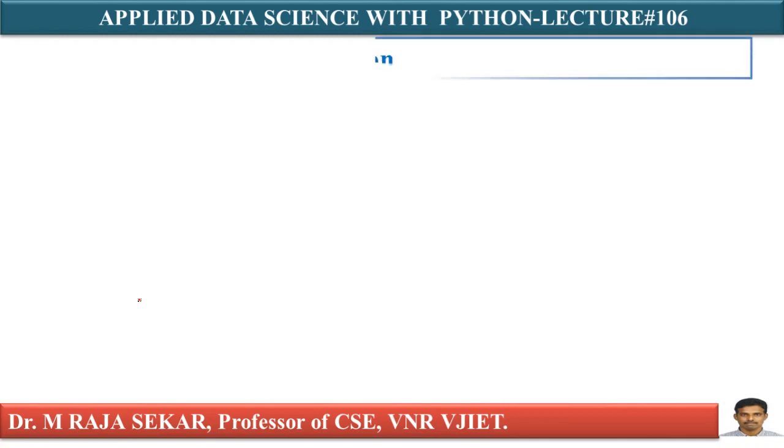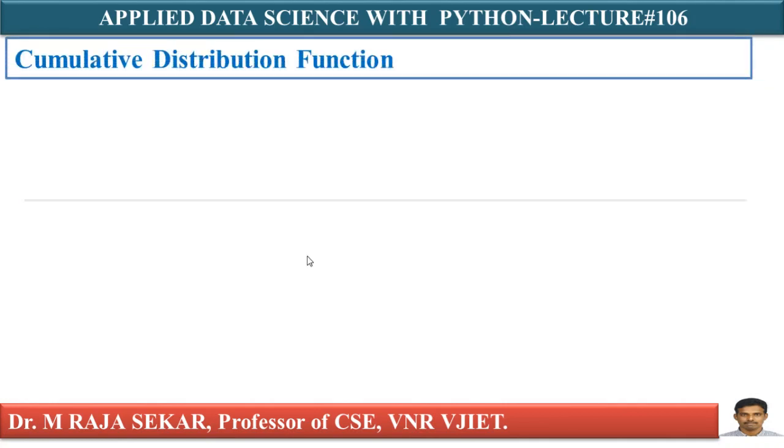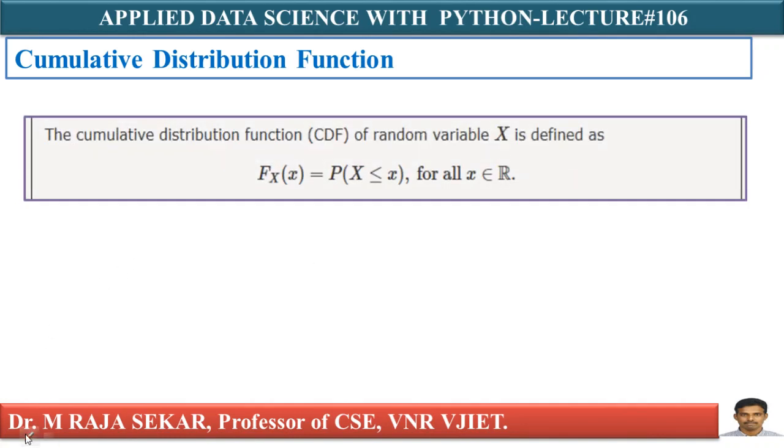By definition, I can define the CDF, cumulative distribution function, as capital F of small x equals P of capital X less than or equal to small x. Means if I say F capital X of 2, then what is this value? P of capital X less than or equal to, what is my small x? 2.